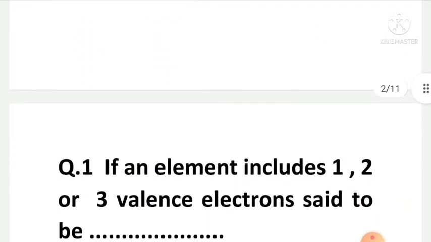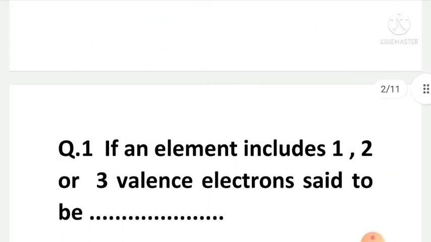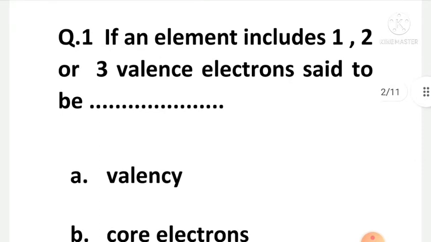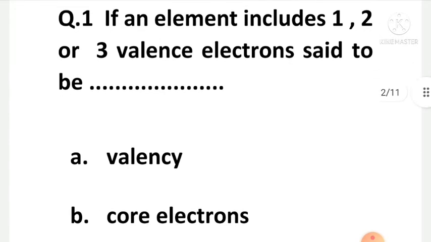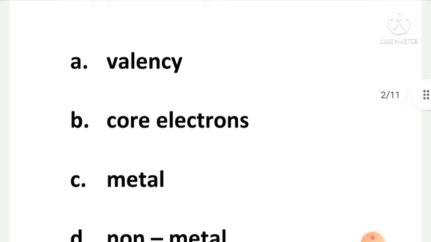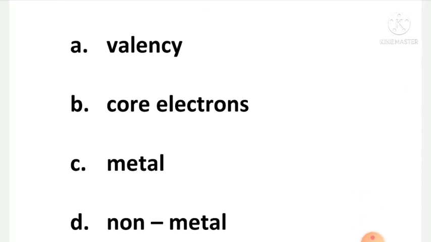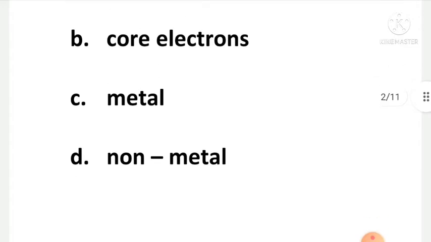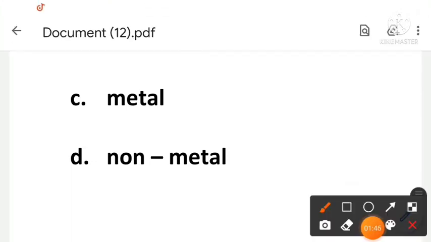First question: if an element includes 1, 2 or 3 valence electrons, it is said to be what? Options have been given: A. Valency, B. Core electrons, C. Metal, D. Non-metal. In the given options, 1 is correct.